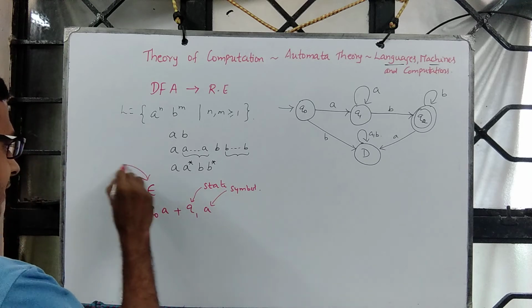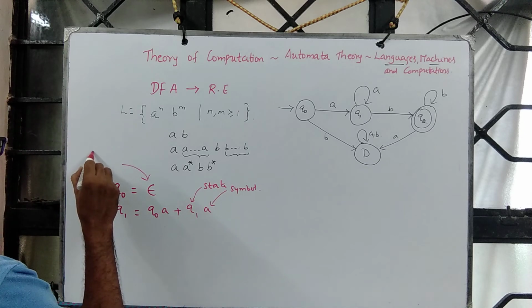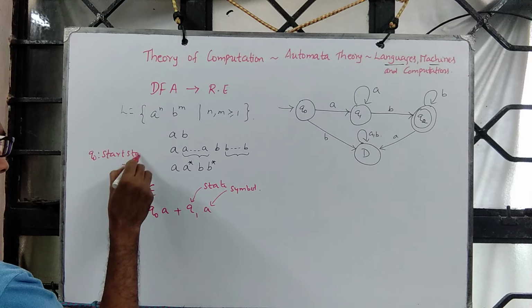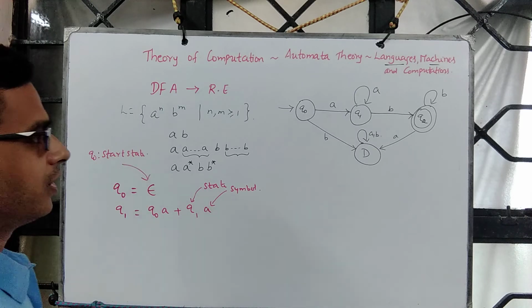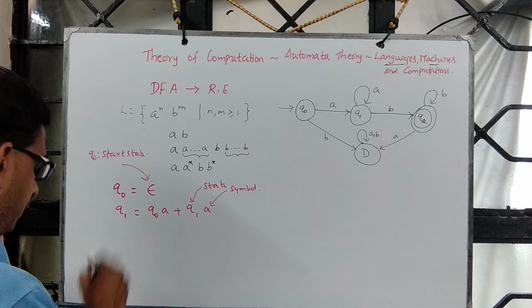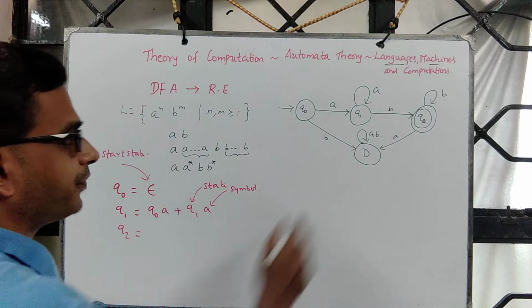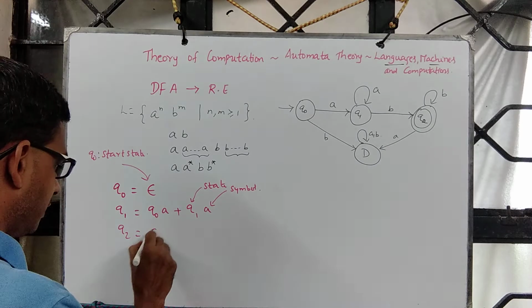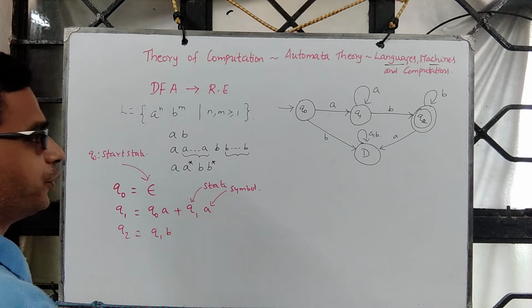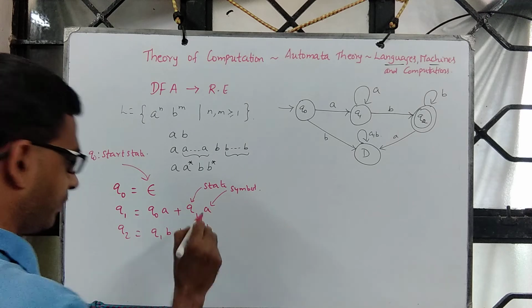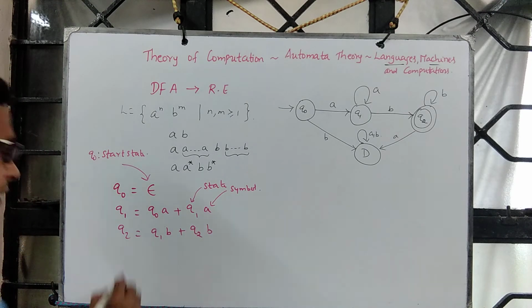Why are we writing epsilon? Because Q0 is the start state. Now, if you look at Q2, Q2 gets an arrow from Q1 and also an arrow from Q2 itself.